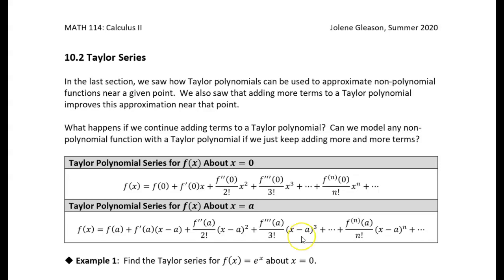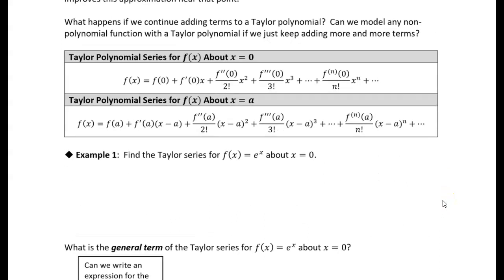And the only thing different is that we're expressing our polynomial in terms of x minus a instead of just x. Okay, so there's not a whole lot new here, except we're getting into the idea of having this infinite series, infinite sum of these polynomial terms.